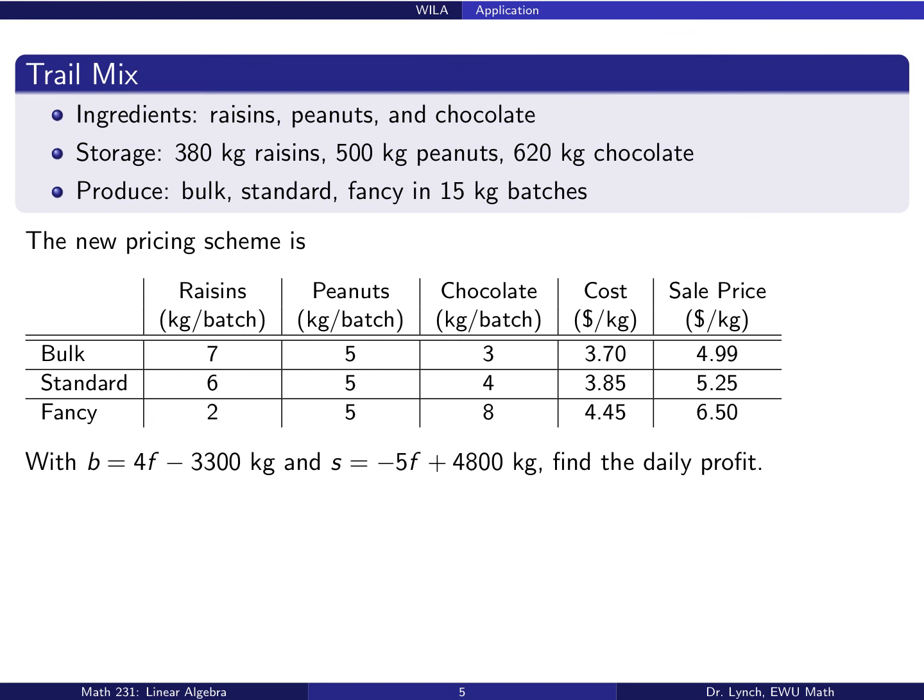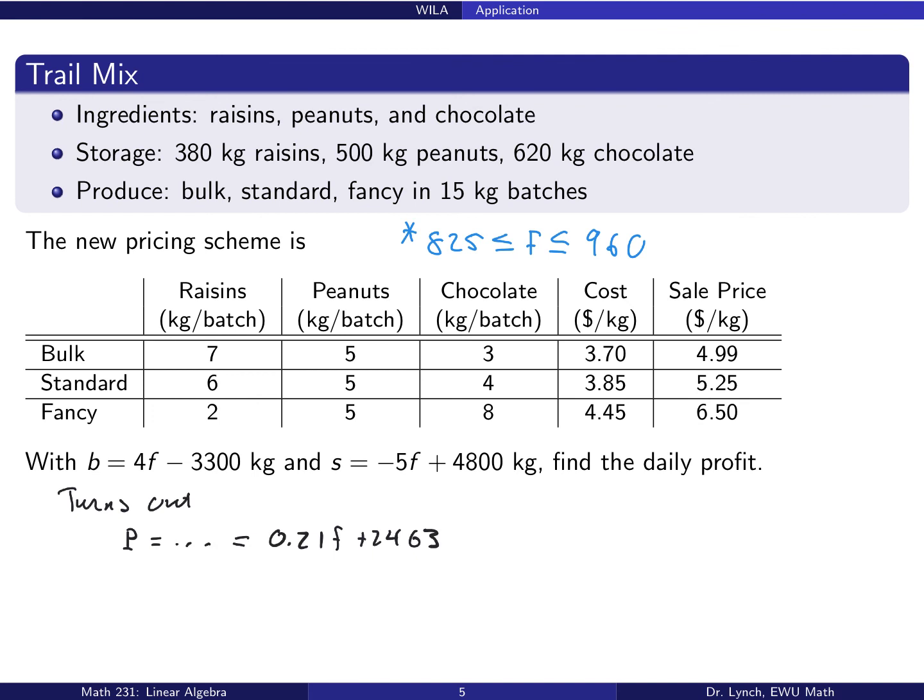We can play the same game here and compute a profit based on this new pricing scheme. It's a similar linear calculation, and I won't go through it in detail. So in this case, that profit function, which is a function of fancy, is 0.21 times the amount of fancy plus 2,463.